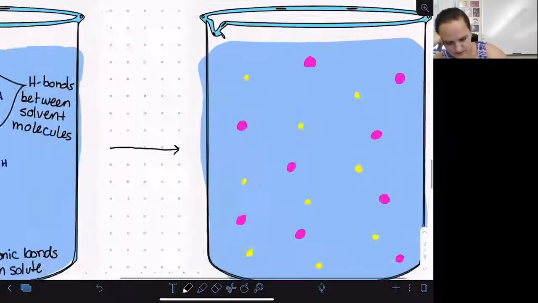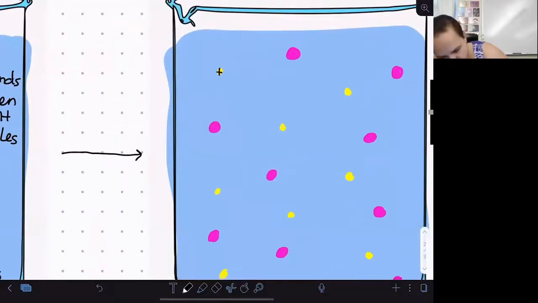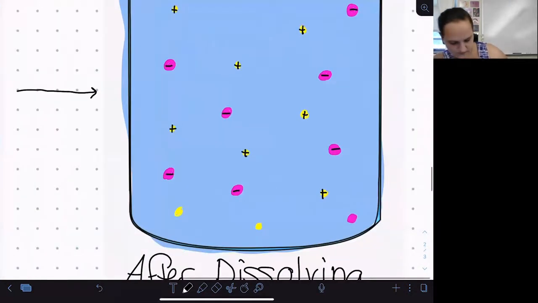So just to keep everything straight, label our charges as positive and negative.